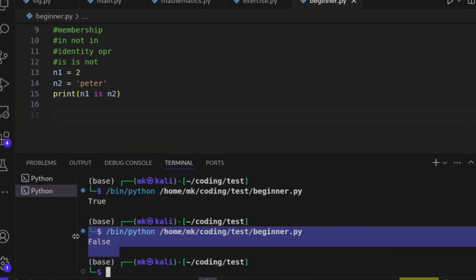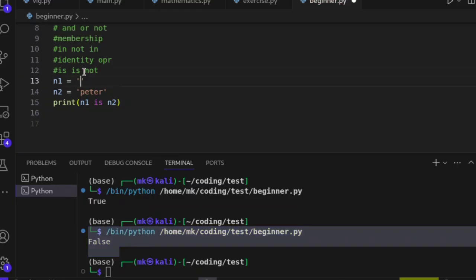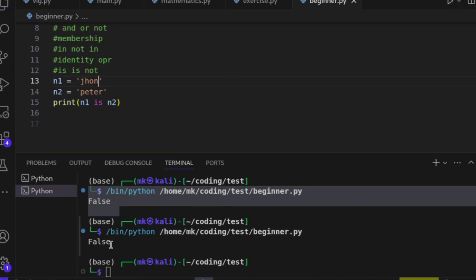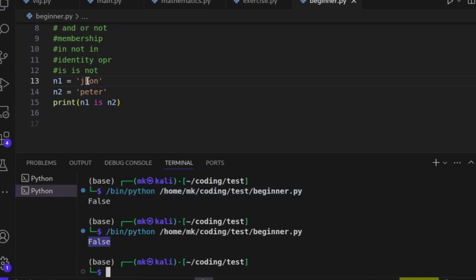Now what am I going to see first? False, because they are not equal. This one is an integer while this one is a string. Even if they are both strings, it's not going to give you true unless they are the same. For example, if I put John, I'm also going to see false because they are not the same. But what if I put the same value?